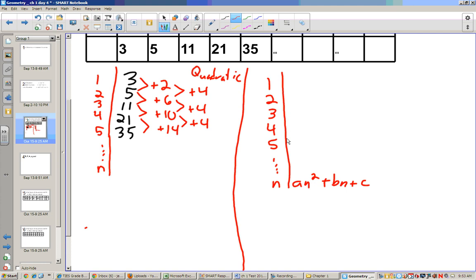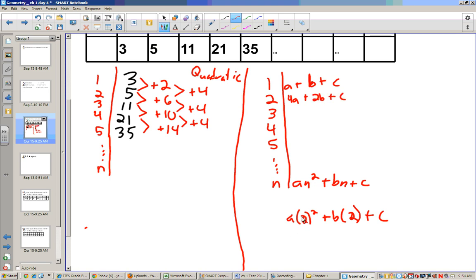All right, the first thing we want to do is plug in n equals 1 into this equation. So that would be a times 1 squared plus b times 1 plus c. Well, 1 squared is 1, so 1 times a is a. B times 1 is b, and then we're going to add c. Now if I put a 2 in here, my term is 2. 2 squared is 4, so 4a plus 2 times b is 2b plus c.